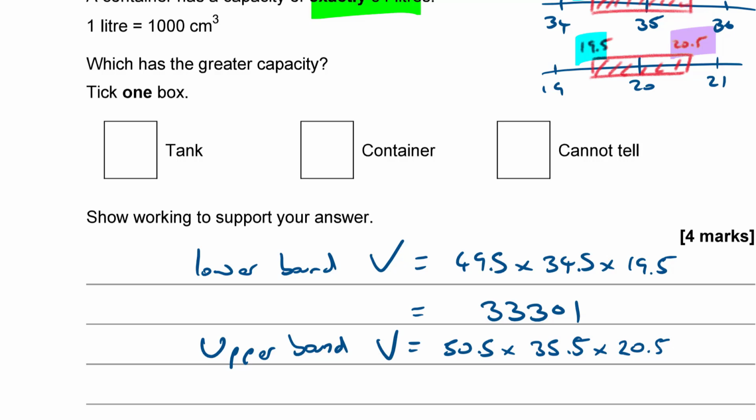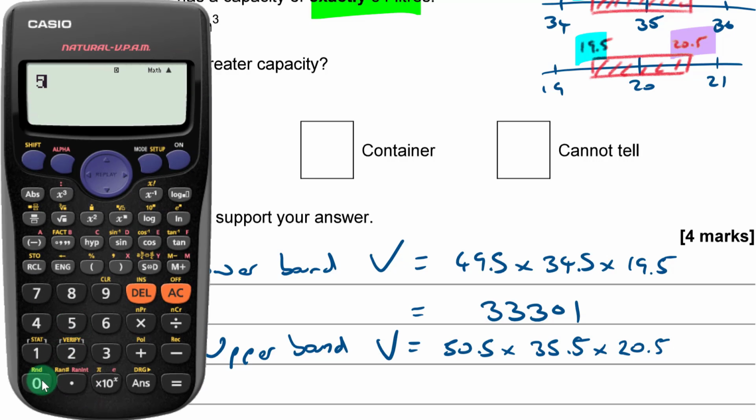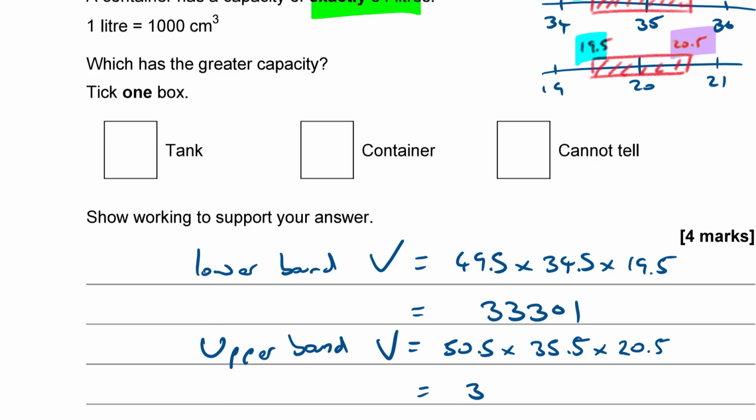Again, tapping that into the calculator. 50.5 times 35.5 times 20.5. That comes out to be 36751. Now these are going to be in cubic centimeters, aren't they?